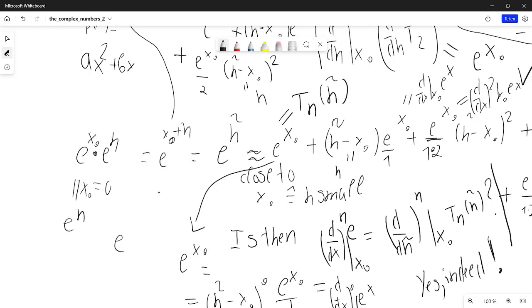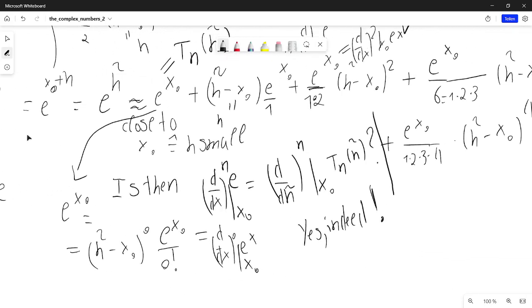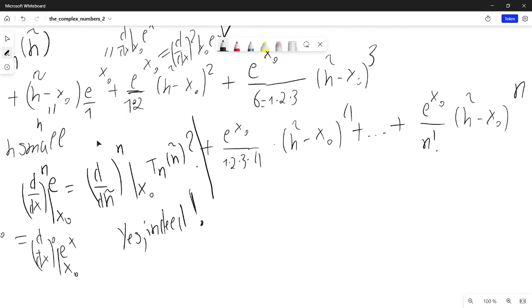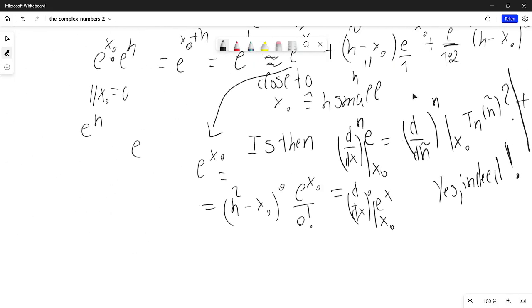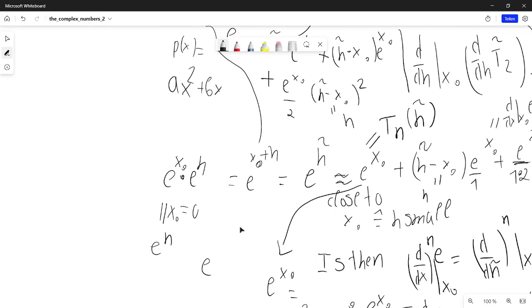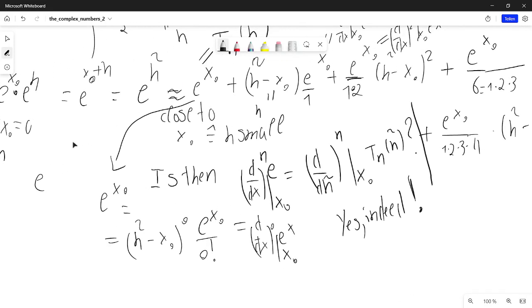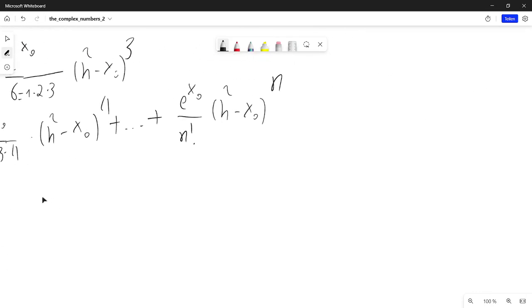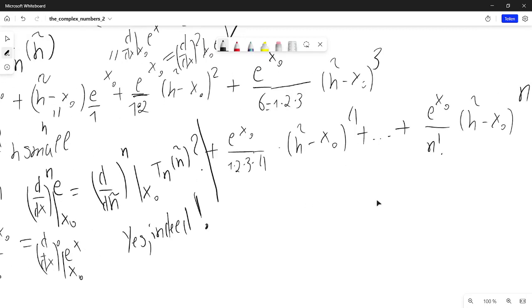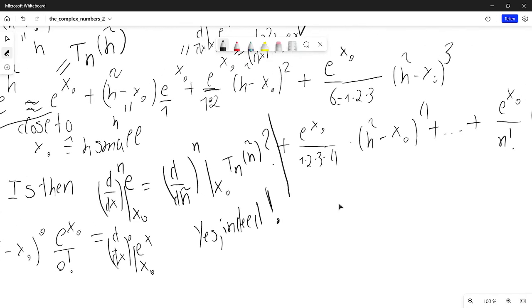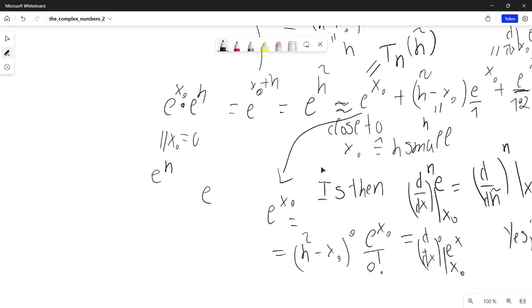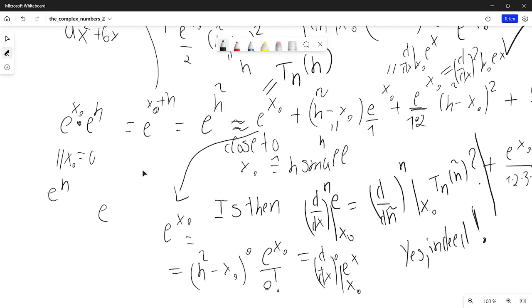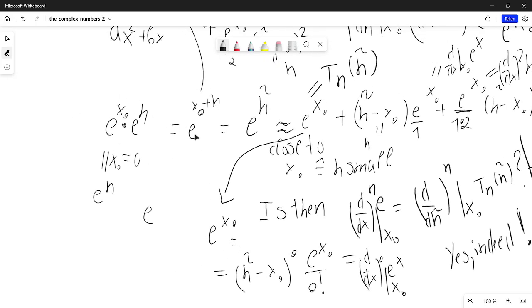But if h is large, then it doesn't use much. Just observe what we have done here, right?